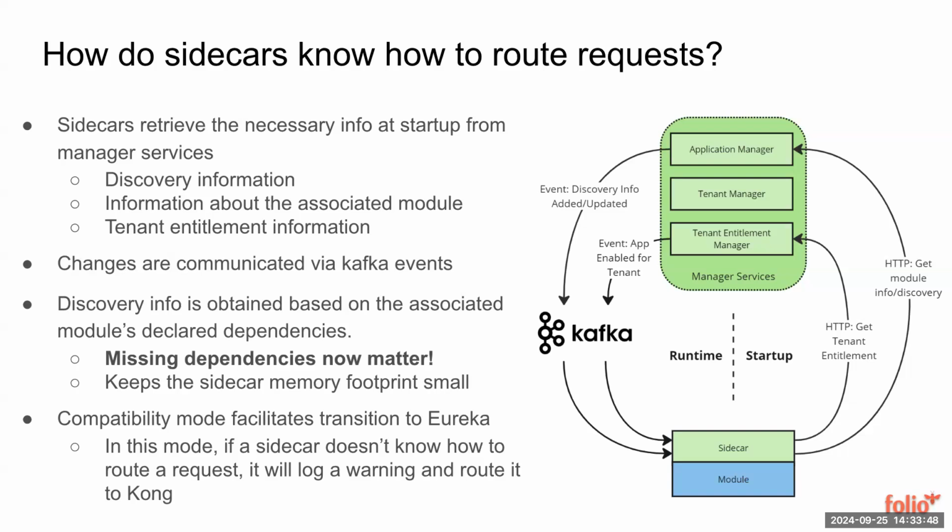When it's enabled, it essentially says, if the sidecar doesn't know how to route a request, just send it to Kong. Kong will know how to route it. It's not the ideal path for a request, but it will allow the system to continue functioning.